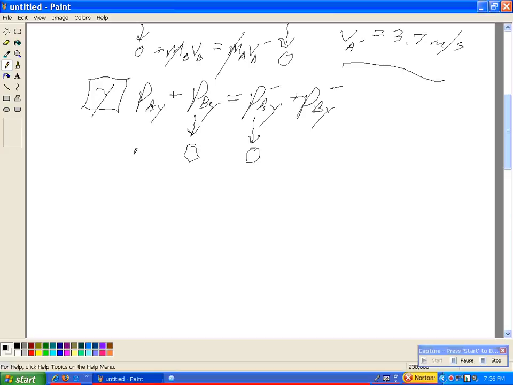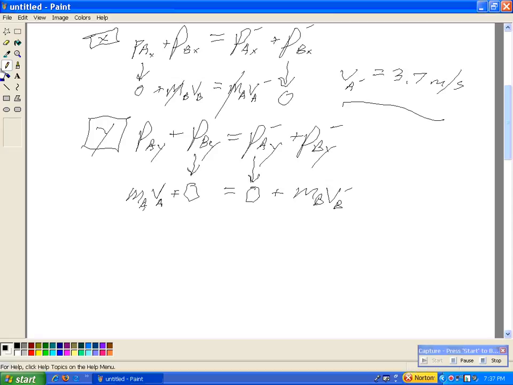What's left over is MA VA equals MB VB after the collision. So, oh, I wrote that funny. Let's get rid of this and put it in its proper place.